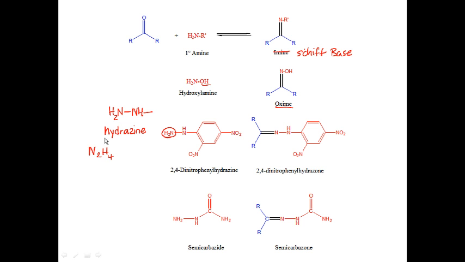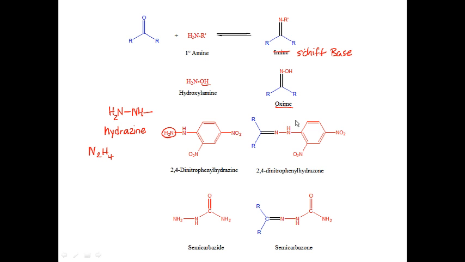That's the actual hydrazine molecule. This right here is called 2,4-dinitrophenylhydrazine, and what's important is the NH2 actually reacts with the ketone or the aldehyde to then form what's called a hydrazone.